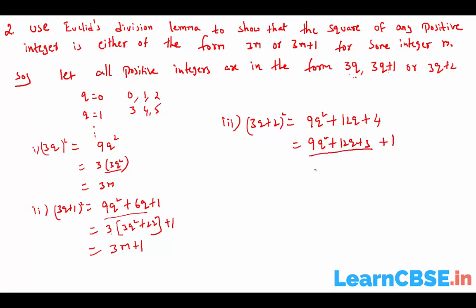Among this I am taking 3 common: 3 into 3q square plus 4q plus 1, and again plus 1. I am taking this as constant m, so 3m plus 1. That means if you take the square of any positive integer, it should be in the form of 3m or 3m plus 1. Next sum.